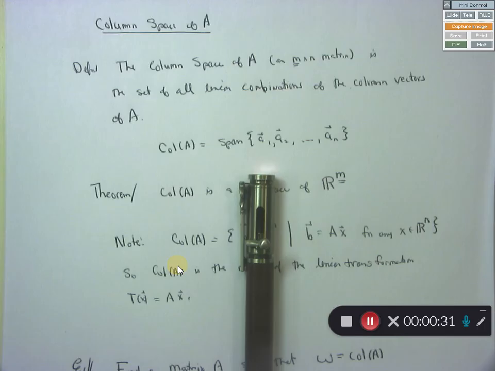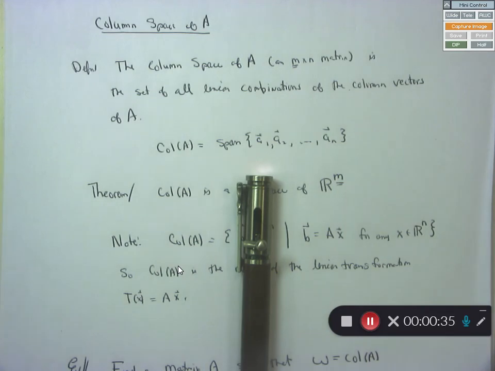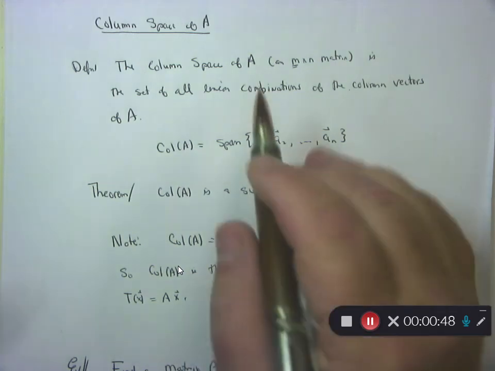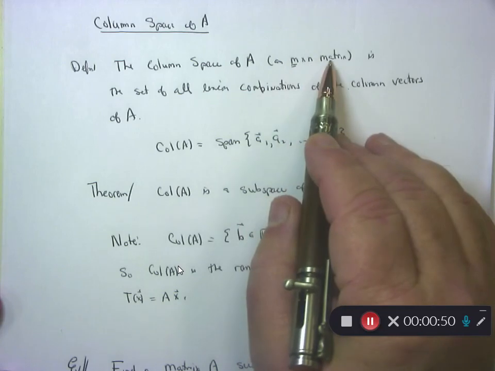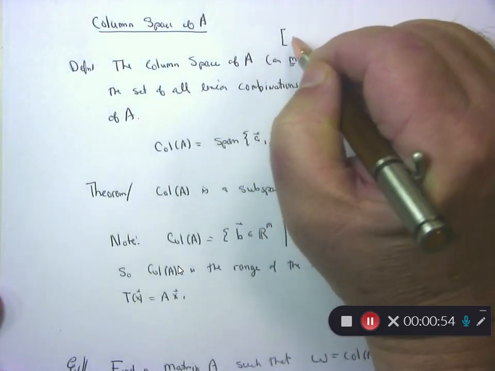So here we go. Again, just to remind you, a little bit of review here, column space of A. The column space of A on an M by N matrix is the set of all linear combinations of the column vectors of A. So if you look at this M by N matrix, it looks like this. You're going to have, look at the columns.